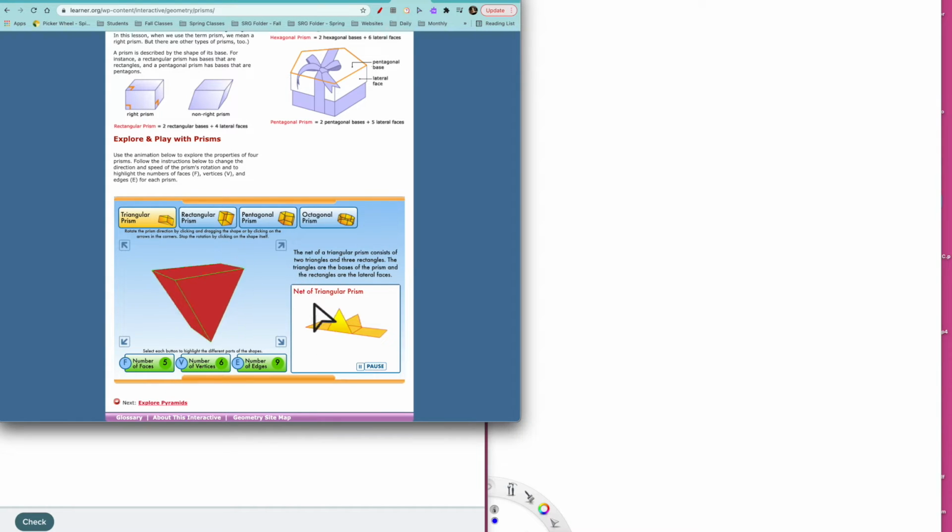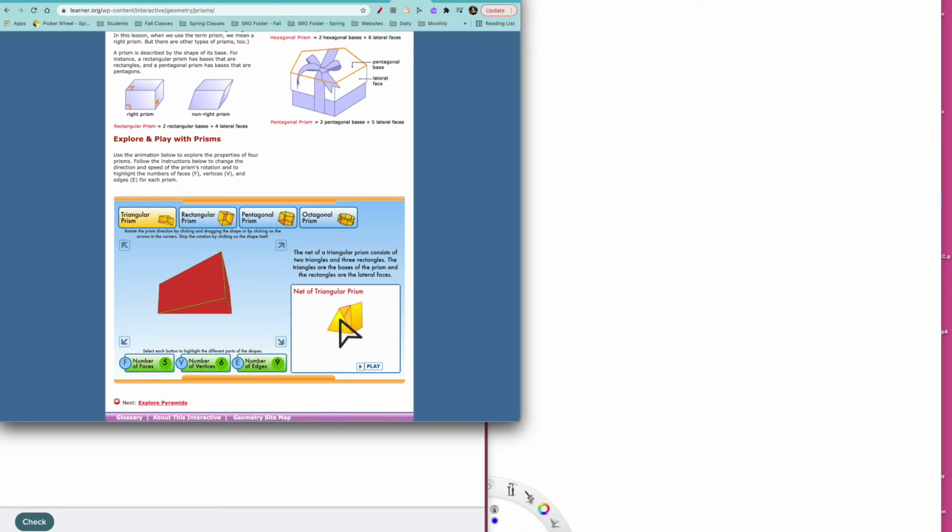There's a few other ones here. We don't really deal with pentagonal or octagonal prisms, but again, it has to do with that shape that's on both sides there. So it's an octagon on this side, a pentagon on the other. You can see it's named by that shape. All the other sides, if you notice, are all squares or rectangles.